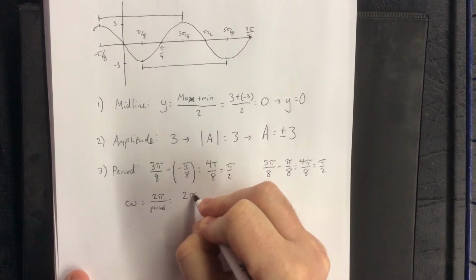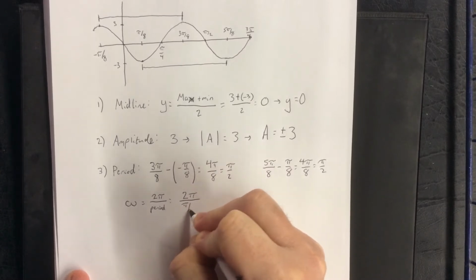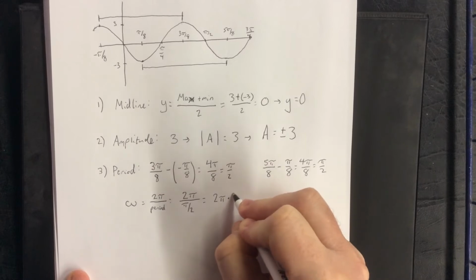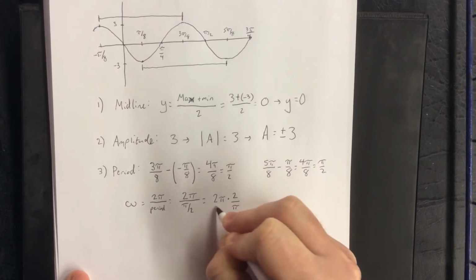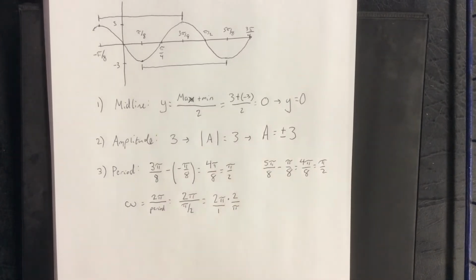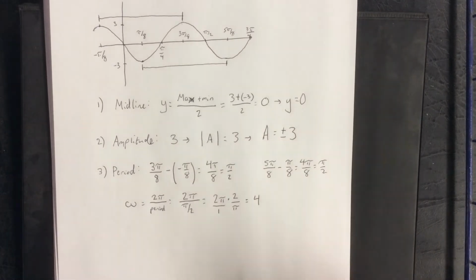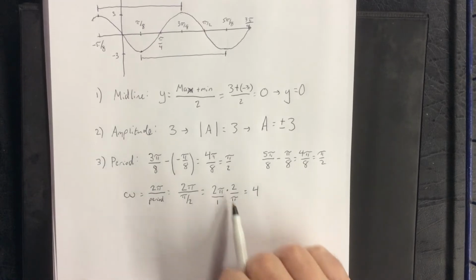We just calculated the period to be pi over 2. Division by a fraction is the same as multiplication by the reciprocal. We'll refer to the 2 pi as 2 pi over 1, and we'll multiply by 2 over pi, which will wind up giving us 4 after we cancel the pi's out.